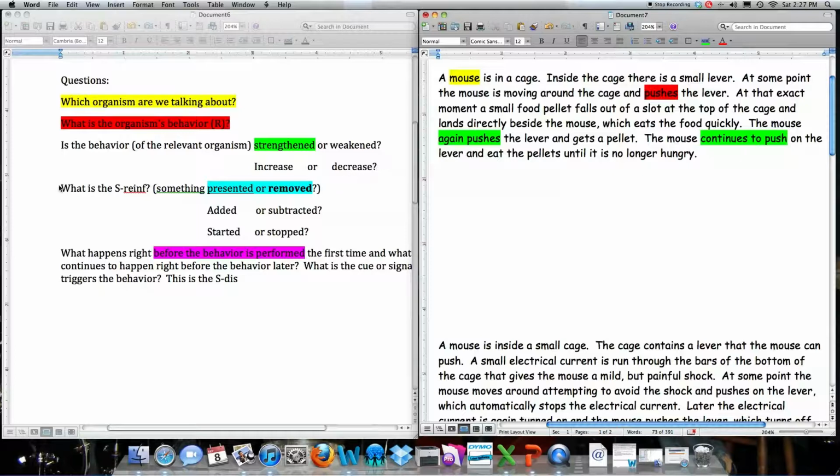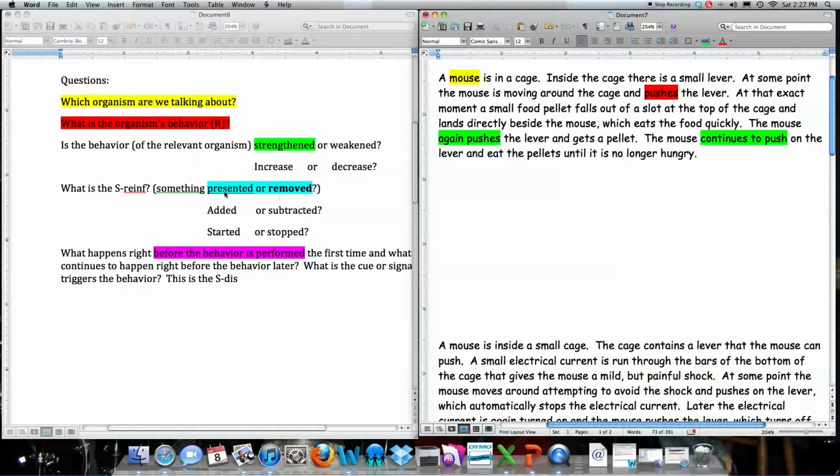Now, here's the tricky part. We want to talk about the reinforcement here. We know that the behavior's been reinforced because it gets stronger. What is it that strengthened it? Is it something that's being presented, added, or started immediately after the behavior? Or is it something being removed, subtracted, or stopped after the behavior?